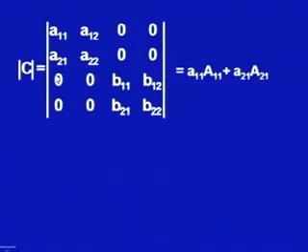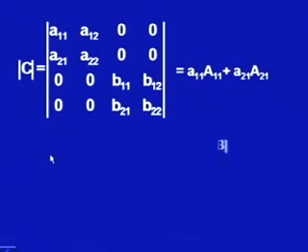This term will not contribute, this term will not contribute. That is the advantage of having zeros in a particular row or column. In fact, we select the particular row or column which has some zero terms. Now in this case every column or row has two zero terms, so it doesn't make much difference whether you use this column or this column, but for convenience I am using this particular column.